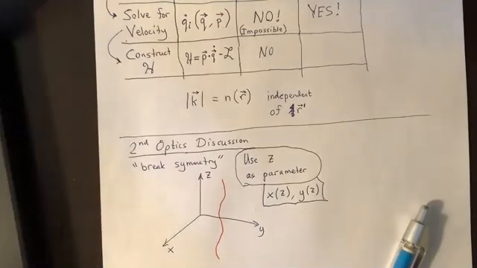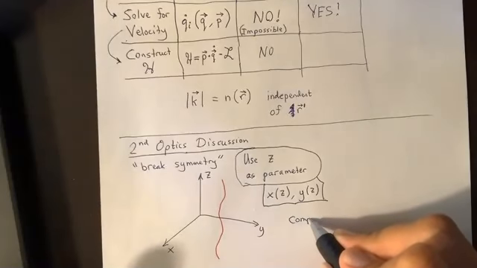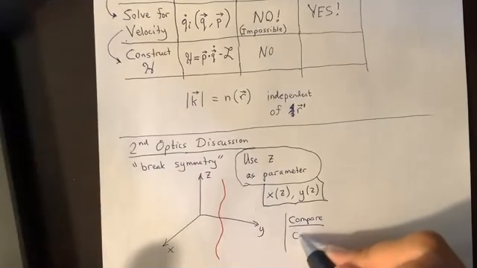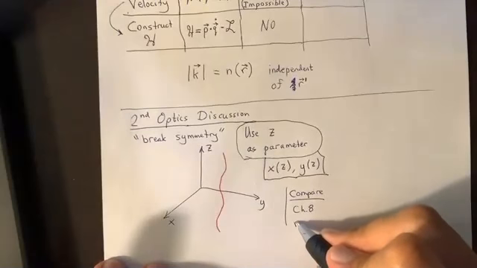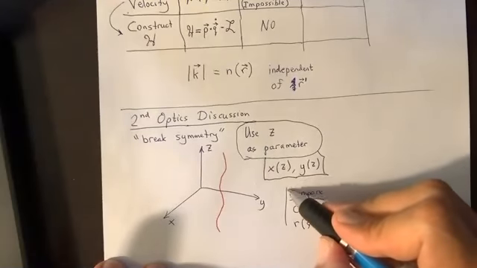Remember in chapter 8, we worked out a formula for the shape of the orbit. Ellipse, hyperbola, parabola, those are some examples for the Kepler problem. The point is, we had a formula for the shape of the orbit. So I'll put compare. In chapter 8, we had this wonderful formula for r as a function of phi.